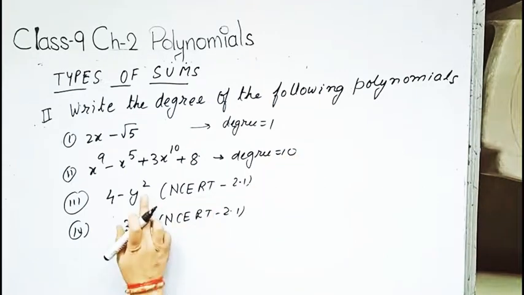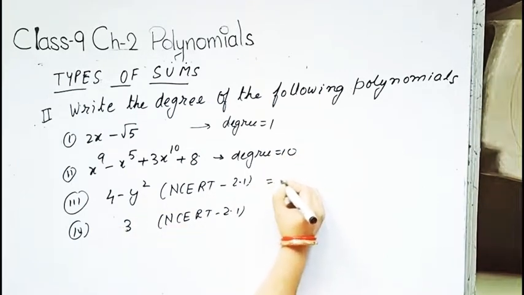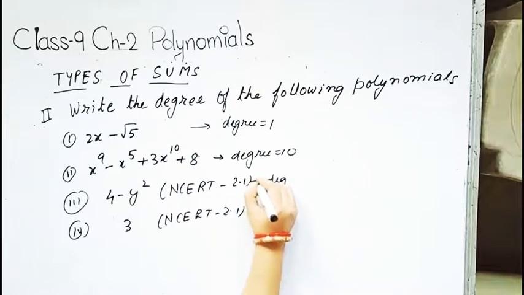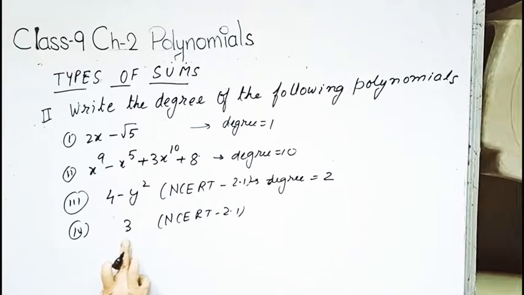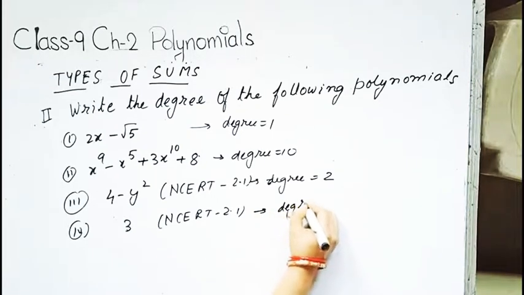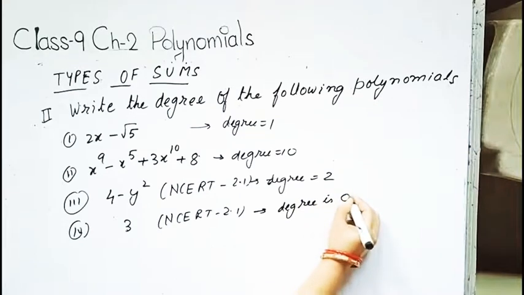Over here the highest power is 2, so degree equals 2. Over here it is a constant polynomial, so its degree is 0. Let us go to the next type of the sums.